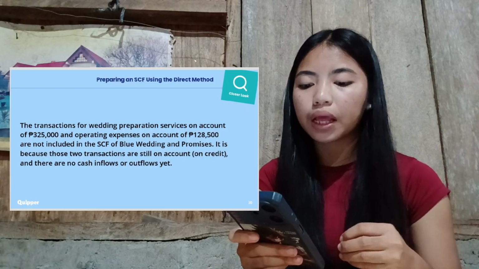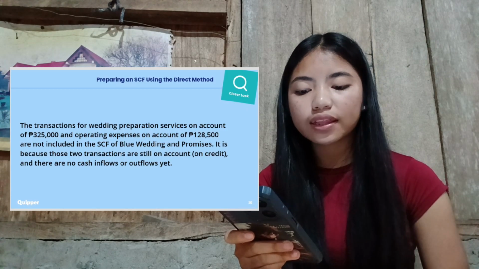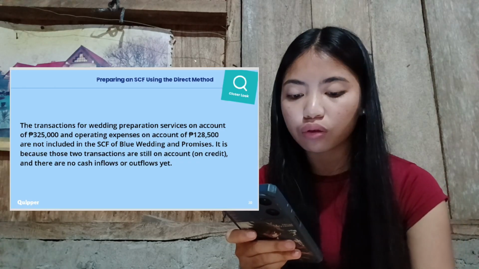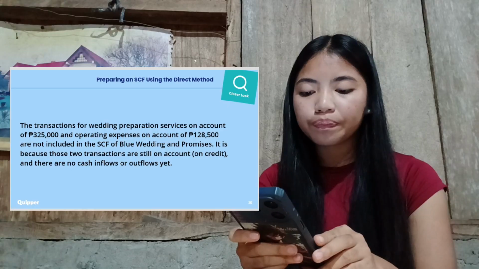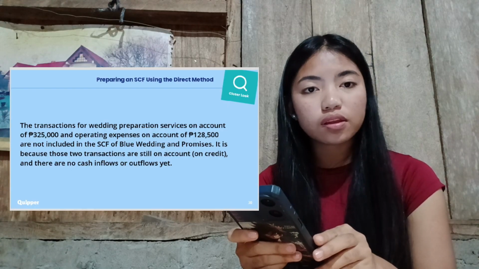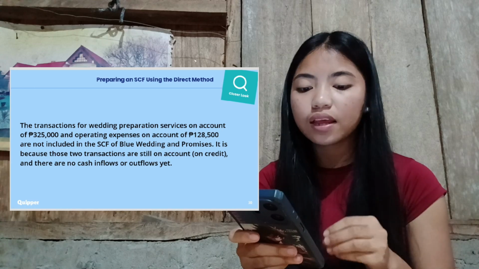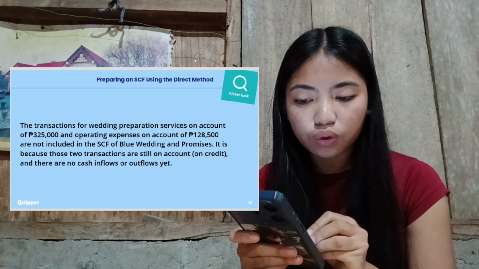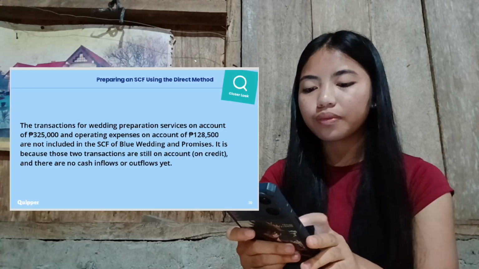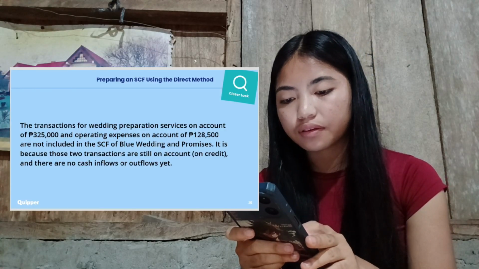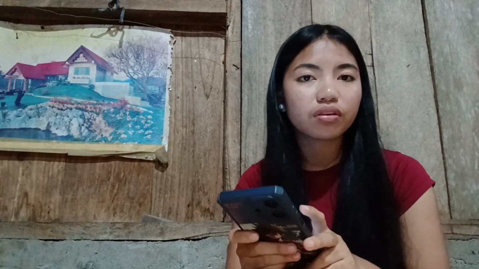So wa ni sila na apil tungod kay naa pa ni sila sa account or naa pa on credit. So wa pay nigawas or wa pay cash in o wa pay cash out ani nila. That is why wa ni siya gi-include sa statement of cash flows. So that's about the direct method.